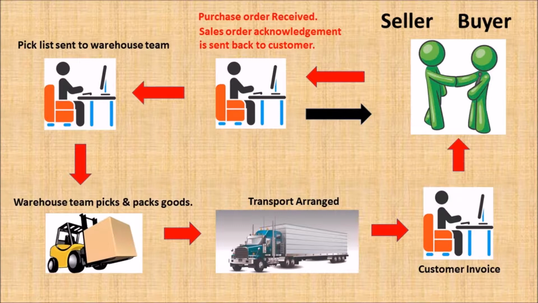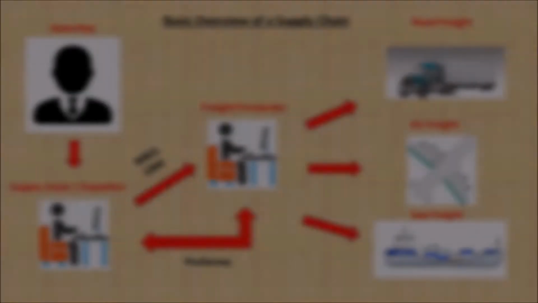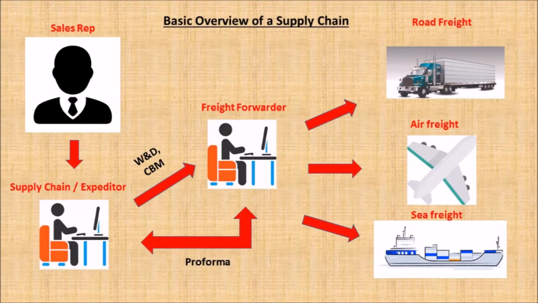In this slide, I've presented the buyer and the seller and the purchase order received, and the cycle in which it goes to the warehouse team, and the warehouse team picks the goods, and then transport is arranged, and then the customer is invoiced after all of that. So that's the very basics of the first presentation that I had, really summing it down because I want to move on to the next topic.